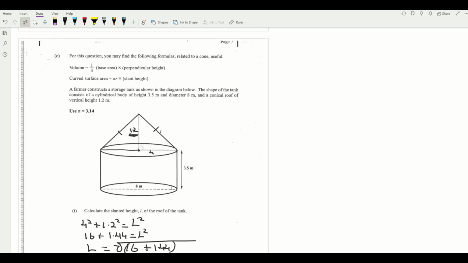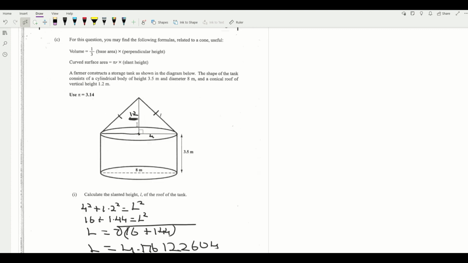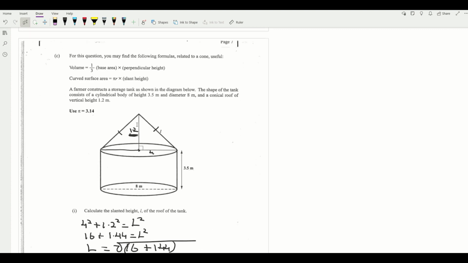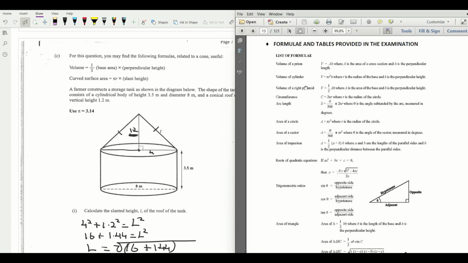They told you that the volume of a cone is a third of your base area multiplied by your perpendicular height. The formula is given for the cone, not for the cylinder. If you do not know the volume of a cylinder, the formula is volume equals pi r squared h.